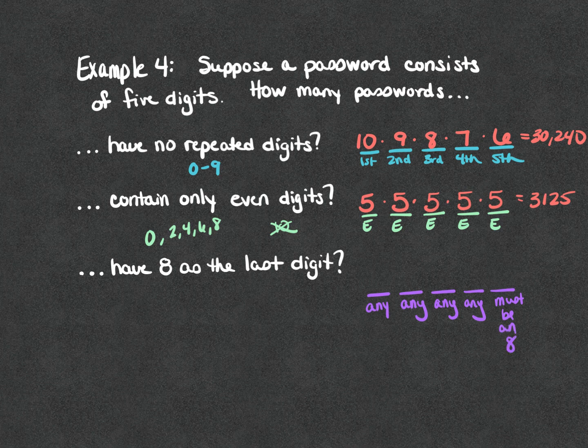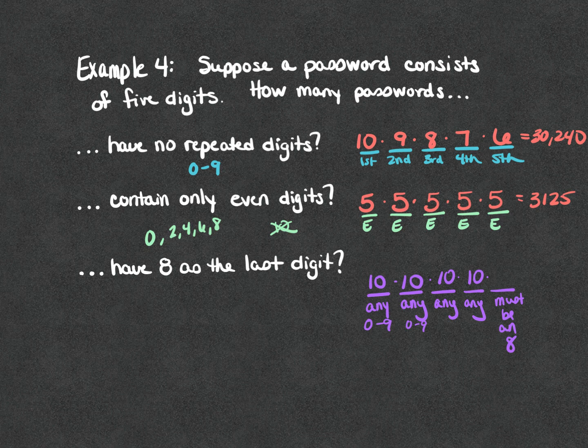So working through this, the first digit can be anything we want it to be. It can be any of the digits 0 through 9. That gives us 10 choices. The next digit can be any number, again, 0 through 9. That's another 10 choices. Same thing for our 3rd digit. Same thing for the 4th digit. But that last digit must be an 8.